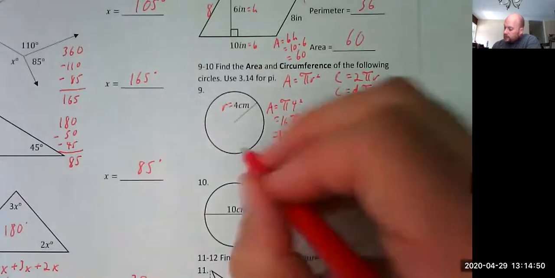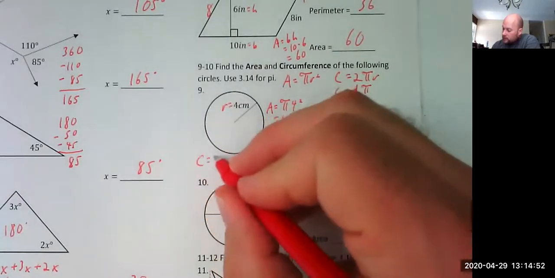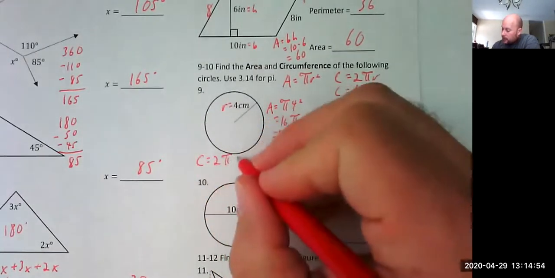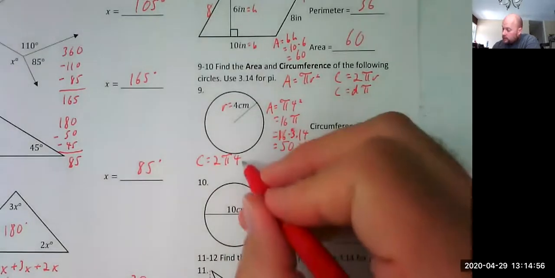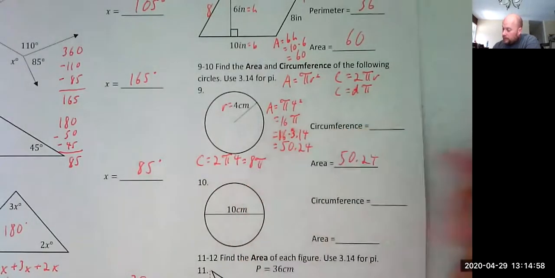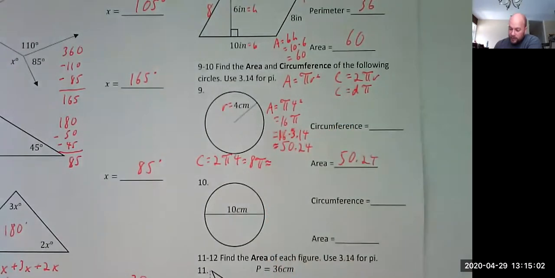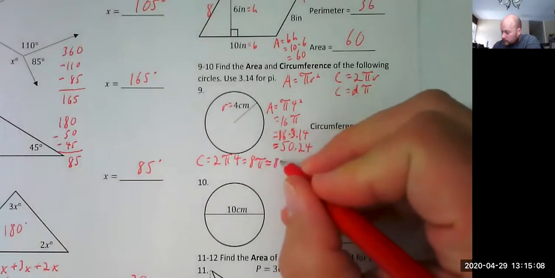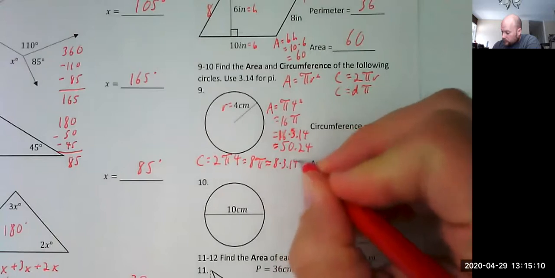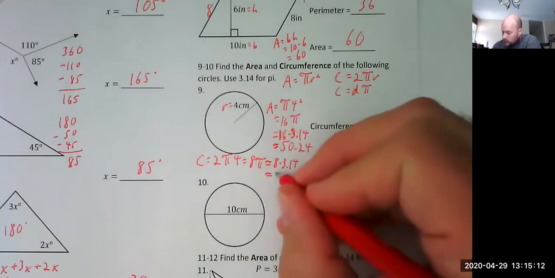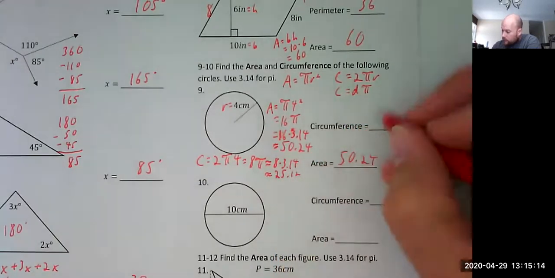And then for circumference, circumference equals 2 pi r, which was 4. So that'd be 8 pi. If we wanted to leave in terms of pi, again, we're multiplying it out. So 8 times 3.14. 8 times 3.14 is a total of 25.12.